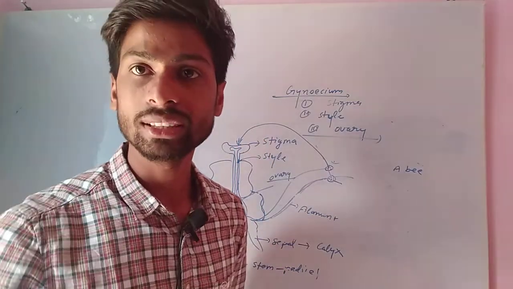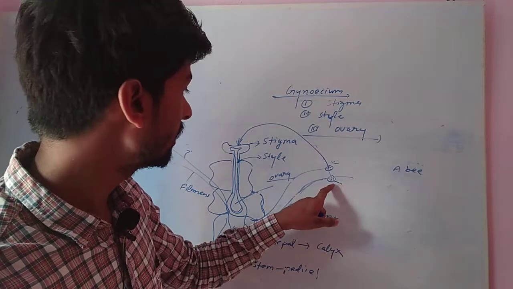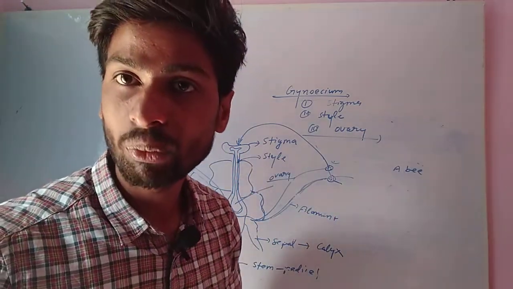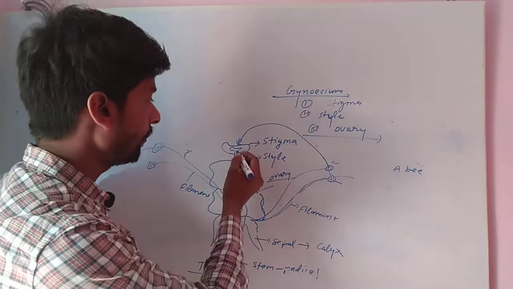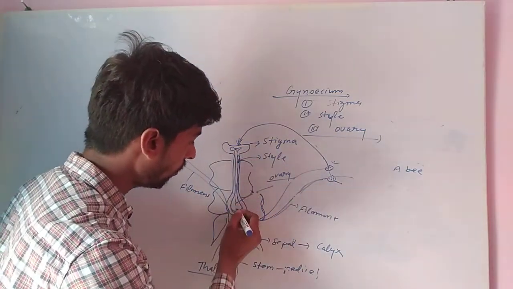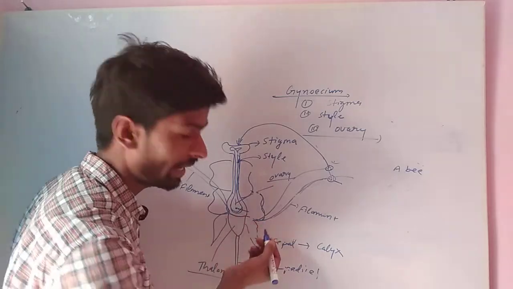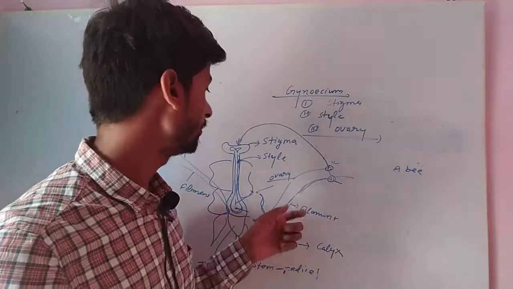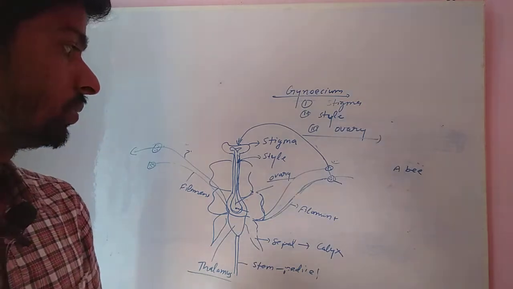What is pollination? If the pollen grains come to a stigma, it is known as pollination. But when the pollen grains go into the ovary, then that is called fertilization. So this is the basic topic of the flower.